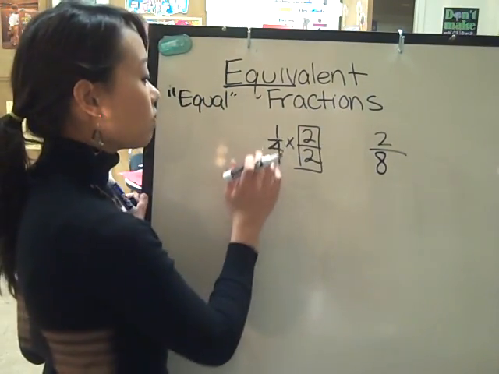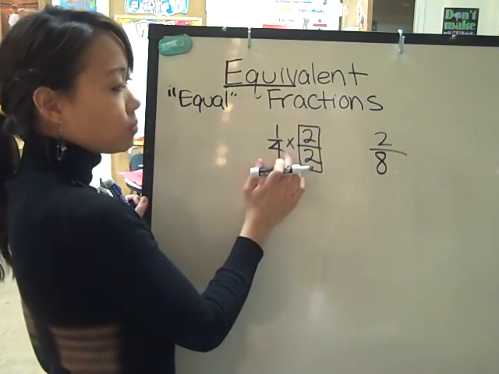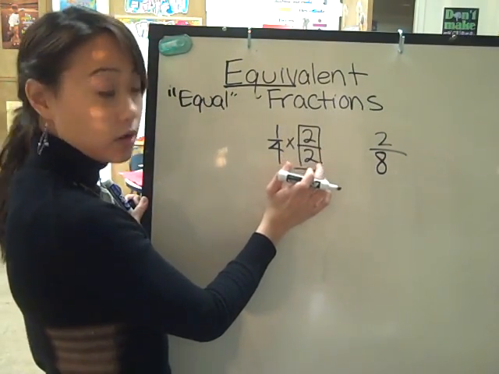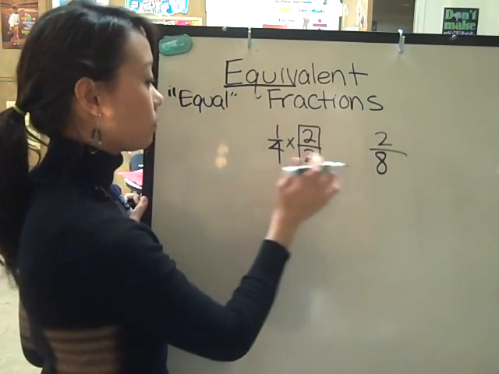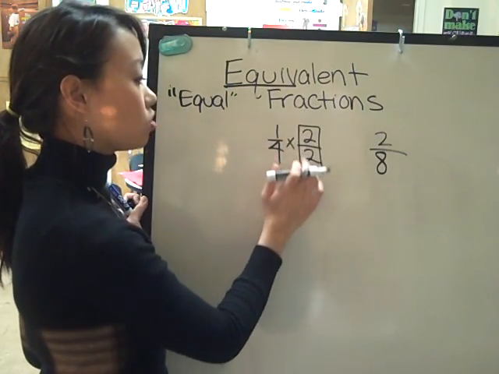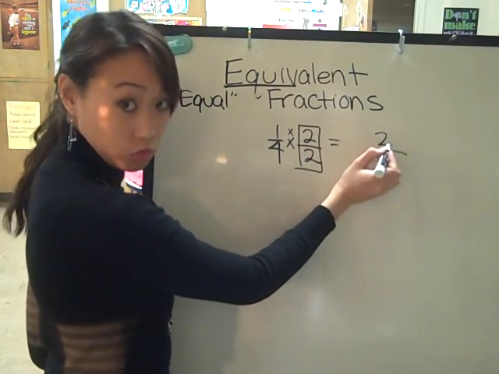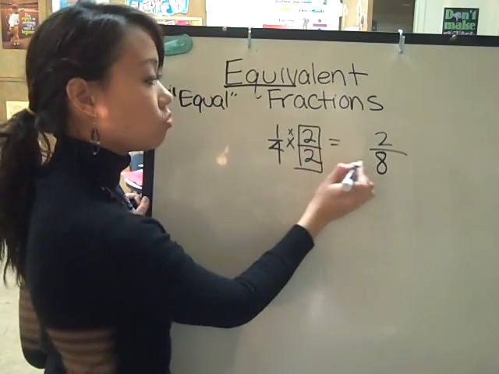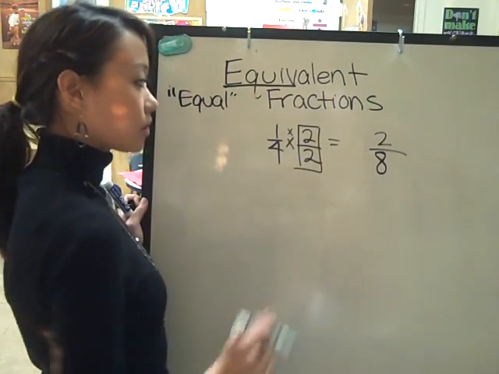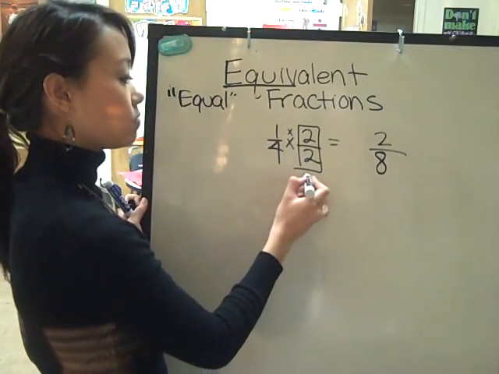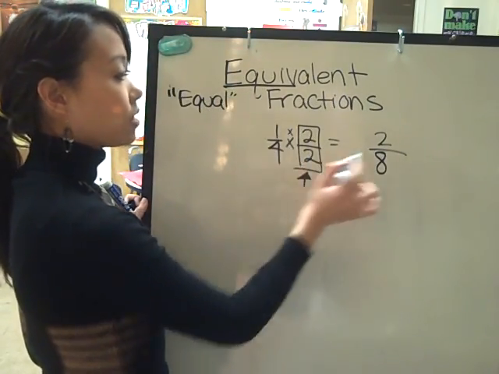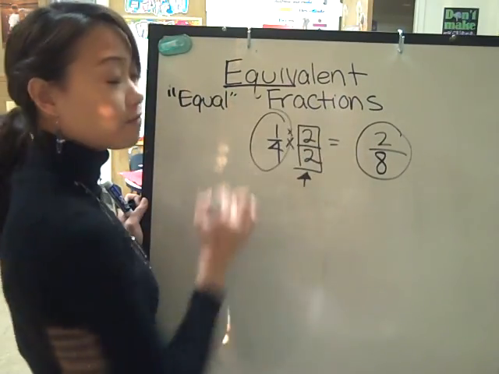Okay, so now I have 1/4, and I'm going to multiply it by 2 over 2 in order to get my answer. So 1/4 times 2 over 2. What I'm going to do is 1 times 2 equals 2. 4 times 2 equals 8. And wouldn't you know that my fancy recipe card got me 2 new equivalent fractions.